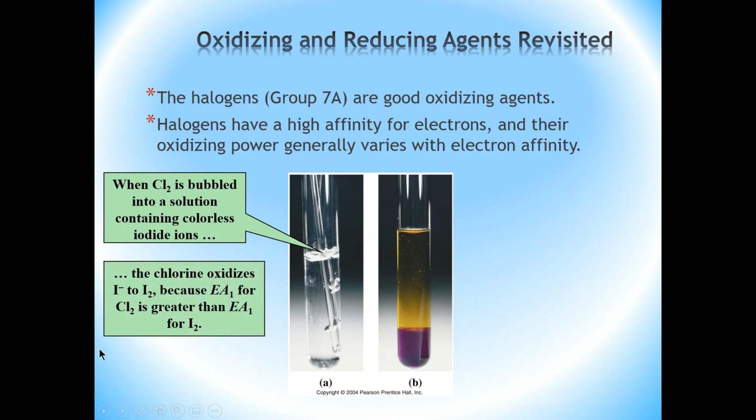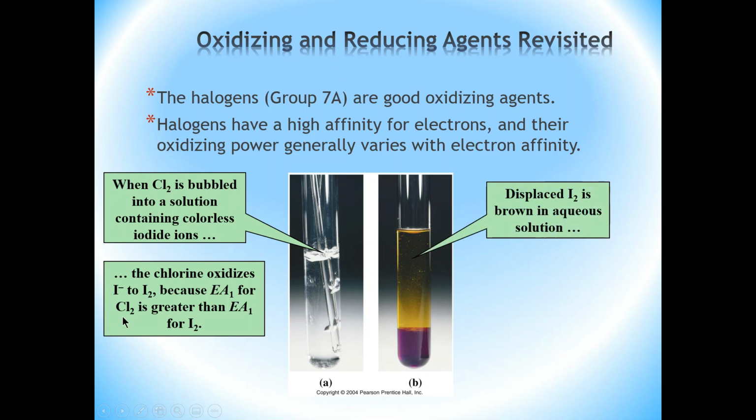The reason is that chlorine has a greater affinity for electrons. So chlorine will oxidize, or pull electrons away from, the iodide ion to form the chloride ion, and iodine will be the product that is liberated. The iodine here is a brown substance that is formed at the top layer right here.